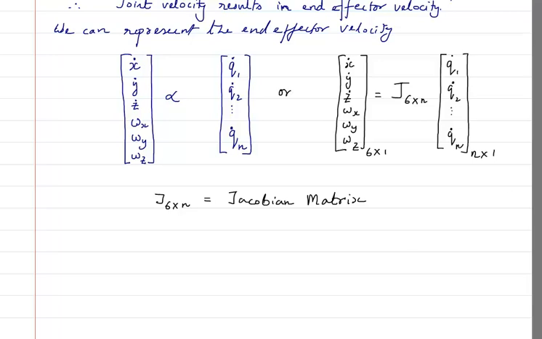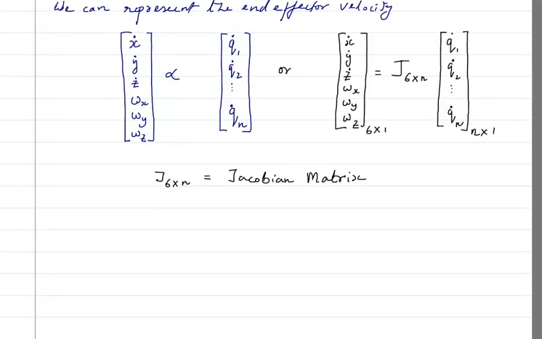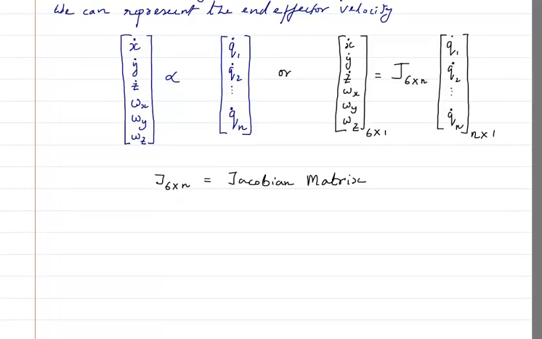So I will stop here, and I will first define mathematically how we write the velocity, and how we connect it with q1, q2, and so on, so that we are able to define the Jacobian matrix in a much easier manner.